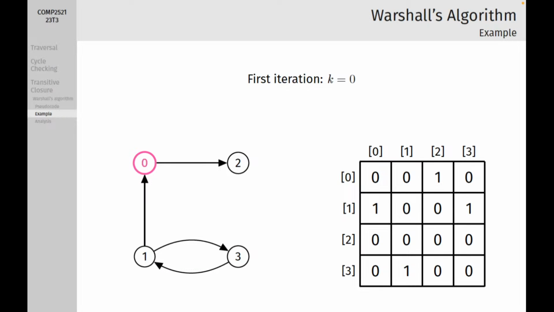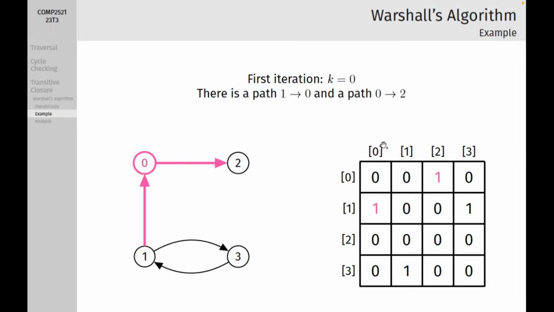Right? So during the first iteration, we're going to notice that there is a path from 1 to 0 and a path from 0 to 2. We'll be able to figure that out by checking these cells of the matrix.